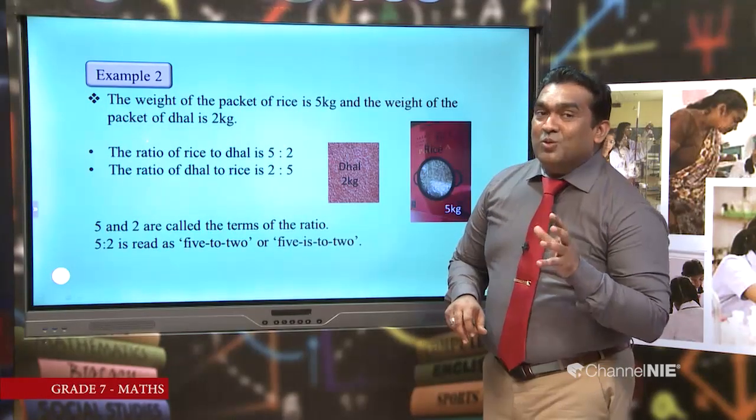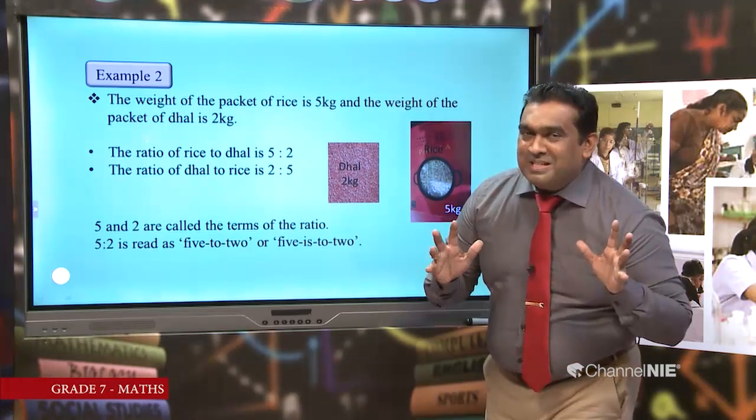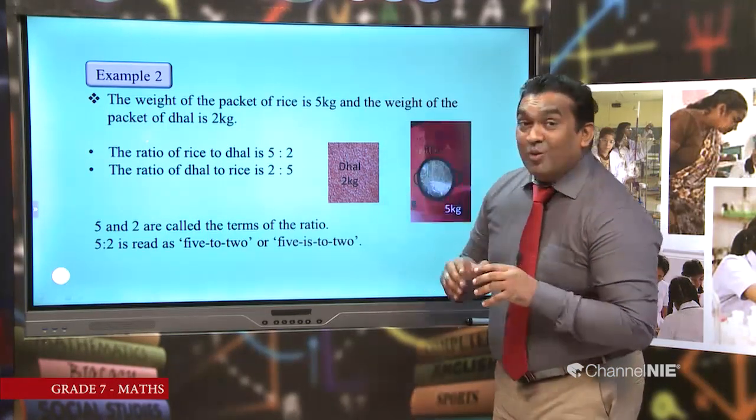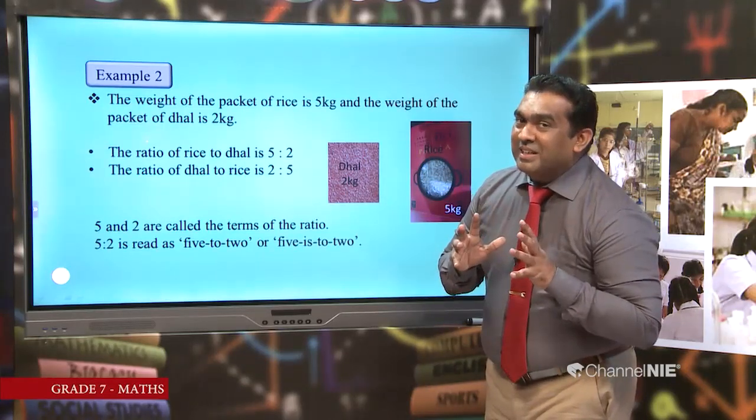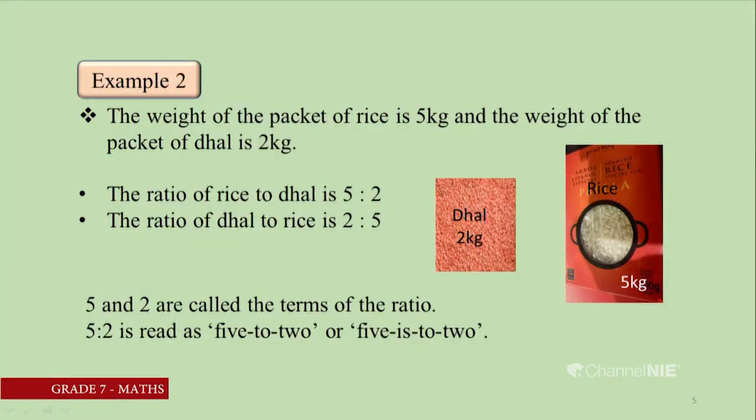In example 2, my kids, look at the screen carefully and read it. The weight of the packet of rice is 5 kg and the weight of the packet of dal is 2 kg. Now you can see that there are two numbers, 5 kg and 2 kg, in the same unit. According to the definition, two numbers should be in the same unit.